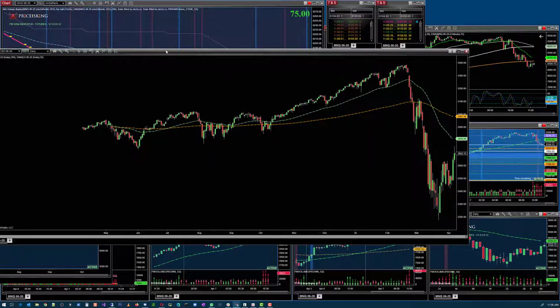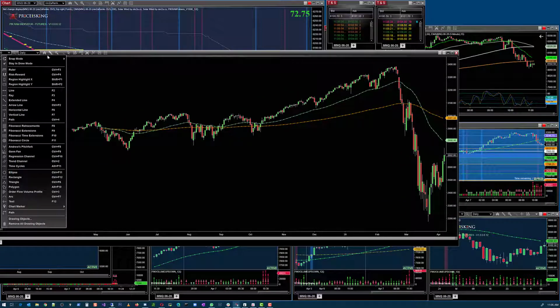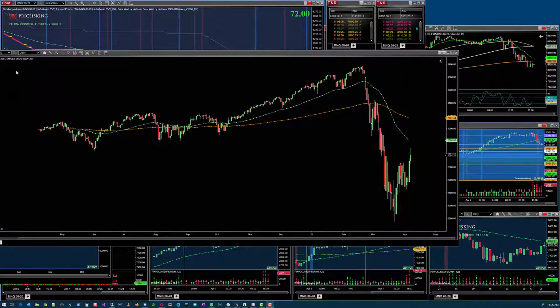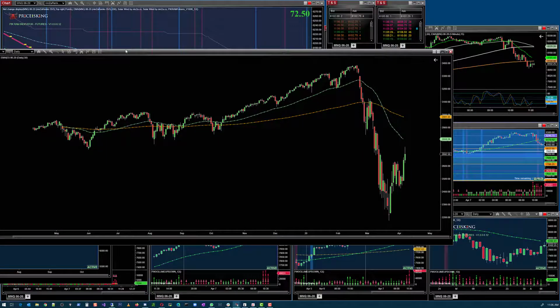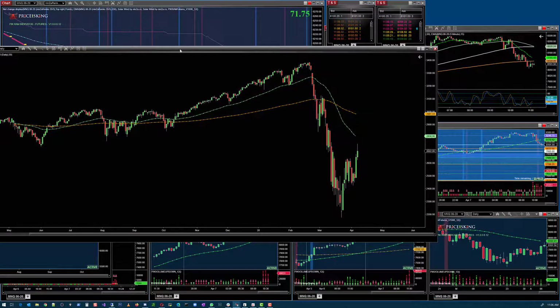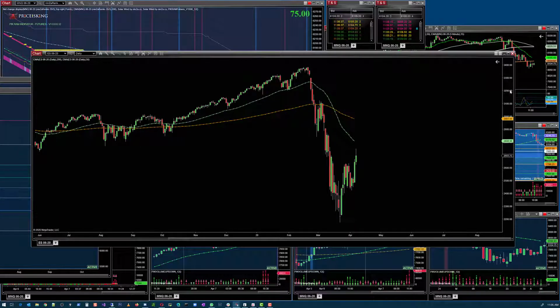Okay, got rid of all the drawings. So what we'll do is take a look up. Let me just move this over here into the screen. So this is the E-mini S&P futures.